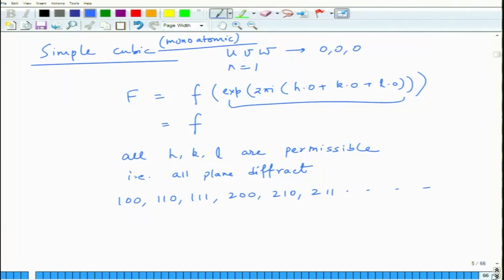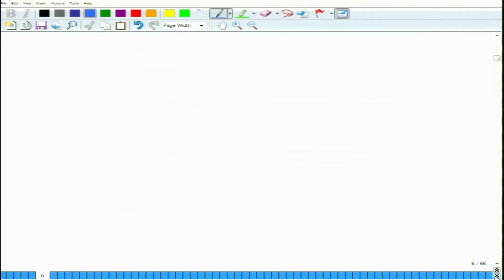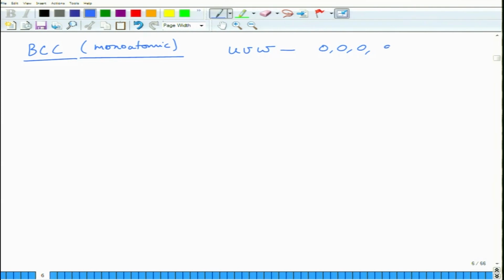Now let us see BCC, again monoatomic, only one type of atom. What is UVW for BCC? 0, 0, 0 and half, half, half. The number of atoms is 2.